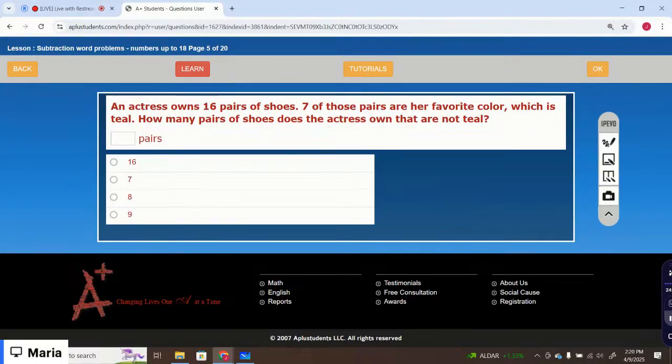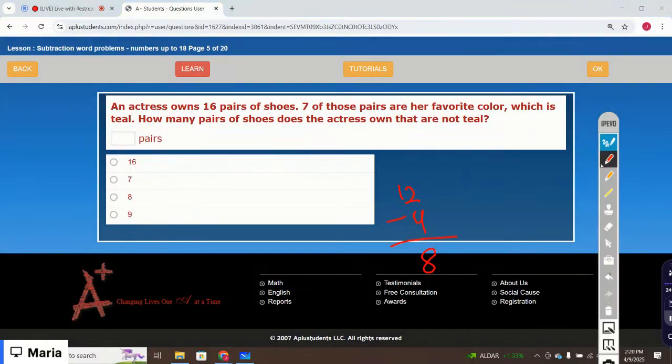An actress owns 16 pairs of shoes. 7 of those pairs are her favorite color, which is teal. How many pairs of shoes does the actress own that are not teal? So the total pairs of shoes she has is 16 and 7 of them are teal.